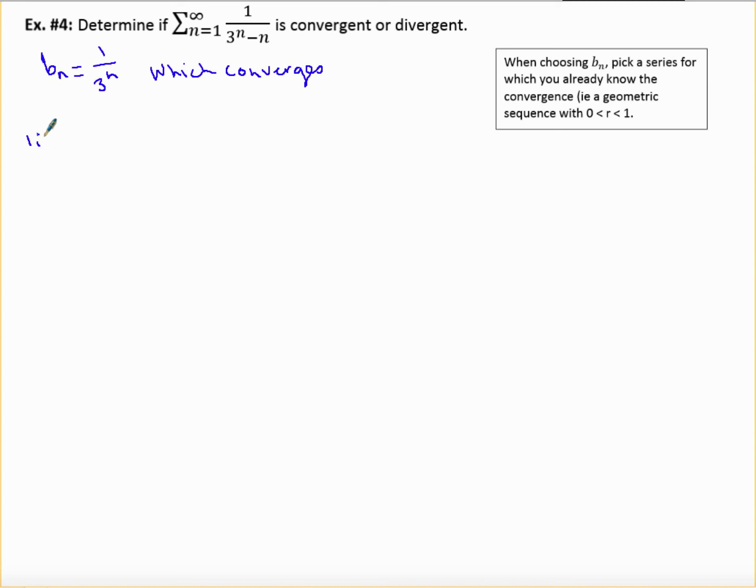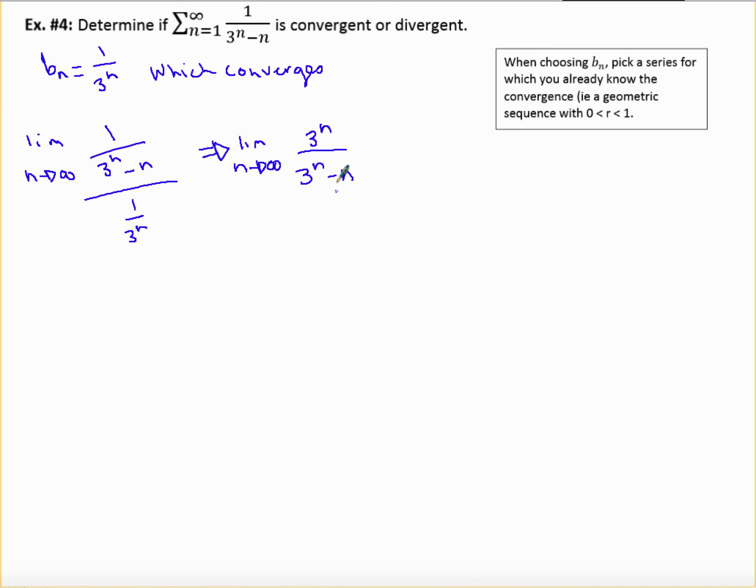So I'll take the limit as n goes to infinity of 1 divided by 3 to the n minus n, all divided by this series that I know converges, 1 divided by 3 to the n. I can simplify that out, and this time I'll remember my limit sign. Since this is a complex fraction, I can multiply by the reciprocal. So I'll get 3 to the n divided by 3 to the n minus n. Easy to simplify.